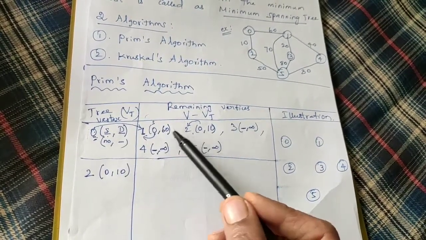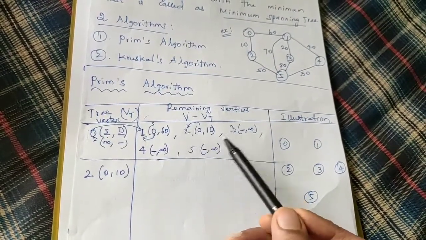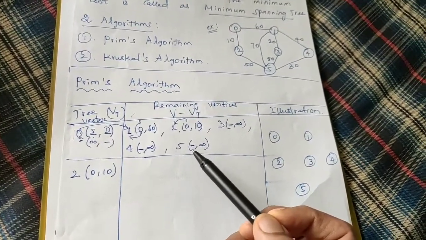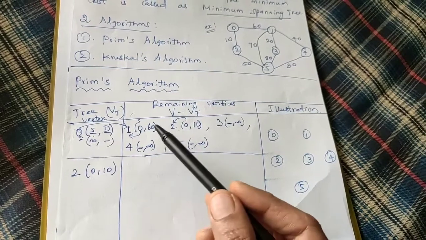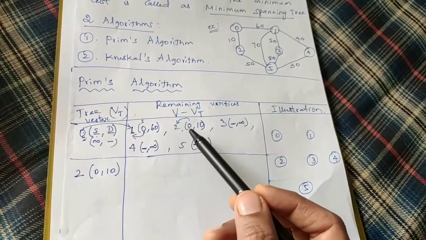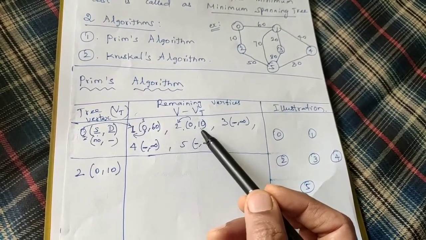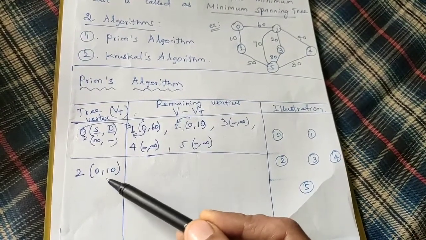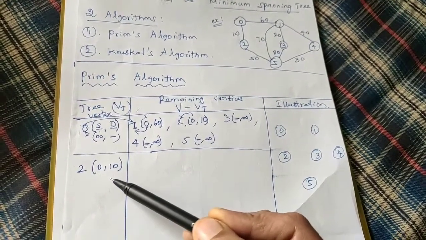I got 2 vertices with values. The other 3 vertices are mentioned with infinity because they cannot be visited directly from 0. Now out of these 2, I have considered this the vertex with the minimum value. That should be considered as the next tree vertex.